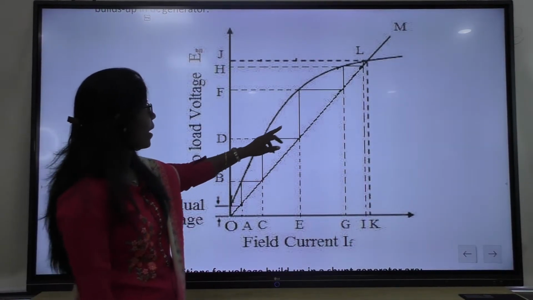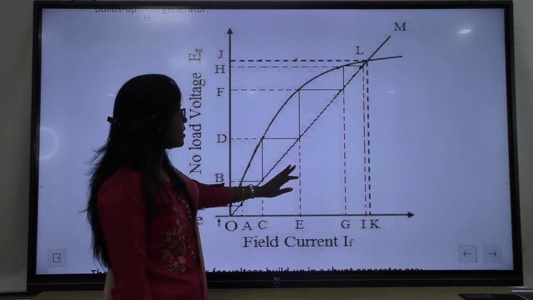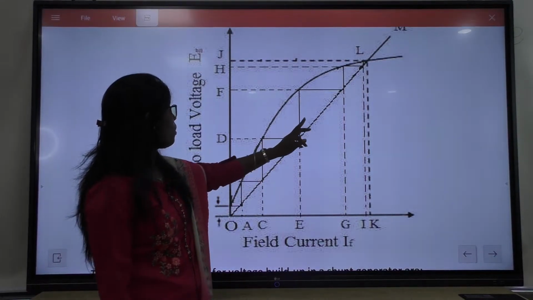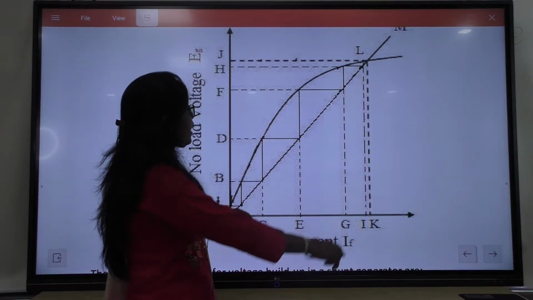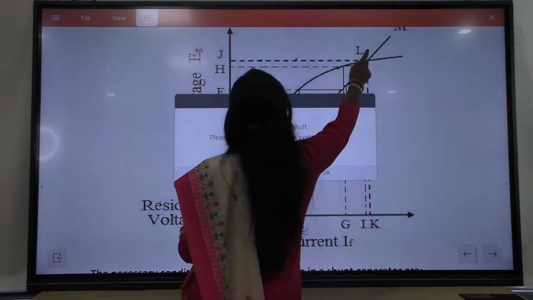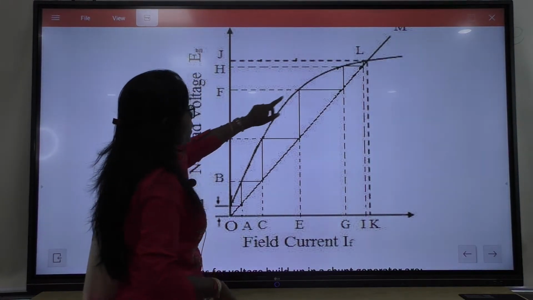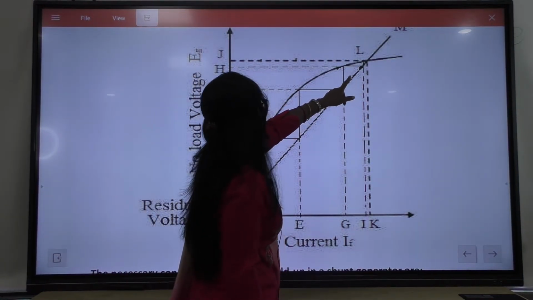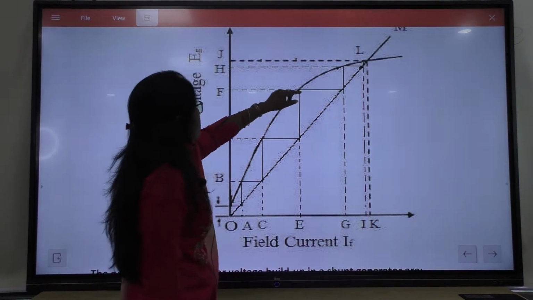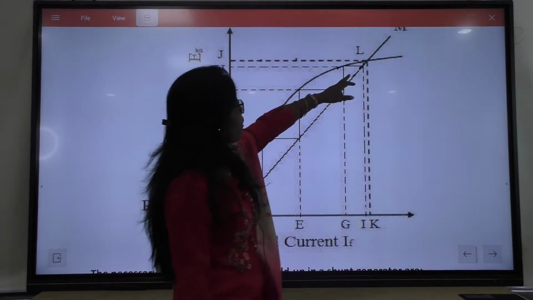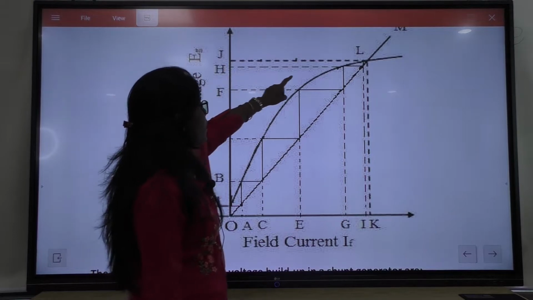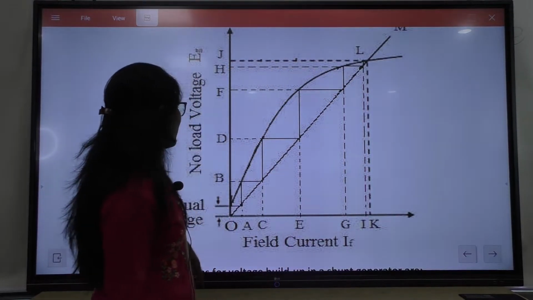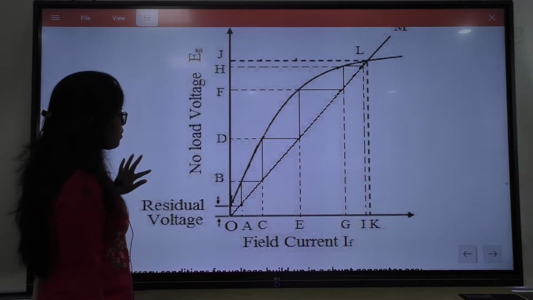So this OM represents the shunt field resistance line, and OL is the OCC, and this point L represents the operating point. This is the operating point, and we can say that at this point the generator builds the maximum voltage. Okay.